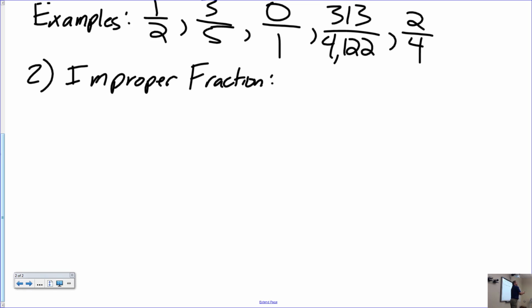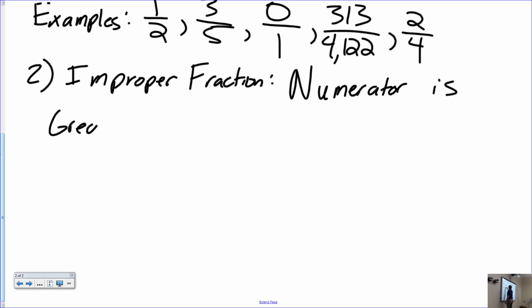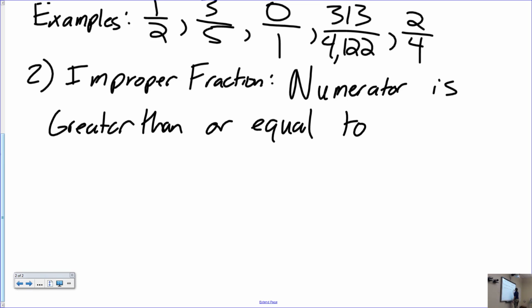You're missing a piece. Or equal to. Yes. Don't forget the or equal to. All right. So here, the numerator is greater than or equal to the denominator.